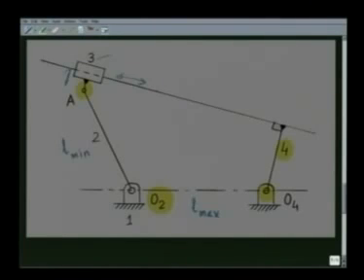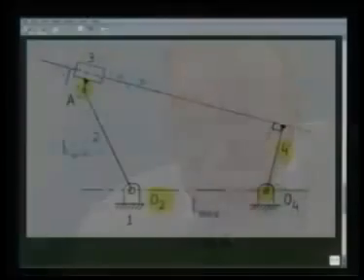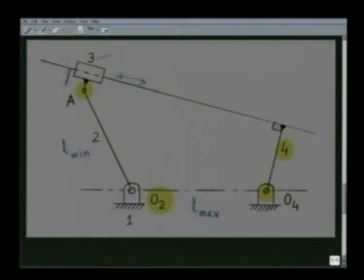This dimension has no kinematic significance because the location of this revolute pair A I cannot change, but the prismatic pair between 3 and 4, which is along this direction, I could have drawn it through A. This is the prismatic pair direction, and this perpendicular distance from O2 up to this direction of the prismatic pair, that is the other kinematic dimension E, which we call offset.